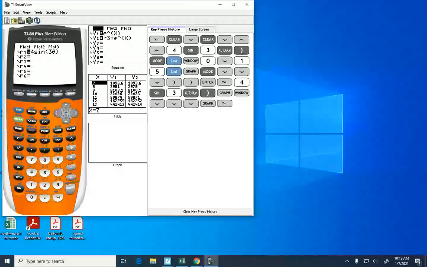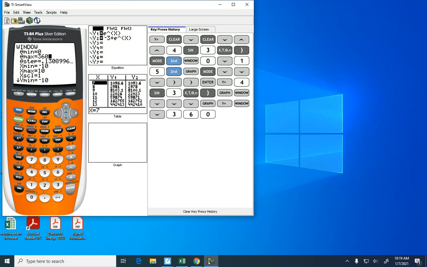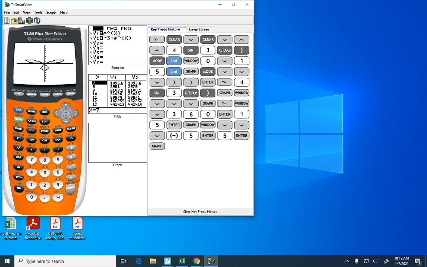I'm sure I'm missing something. There we go. There's my 3 leaf rose. So if I look, I get my 3 leaf rose there with my graph.